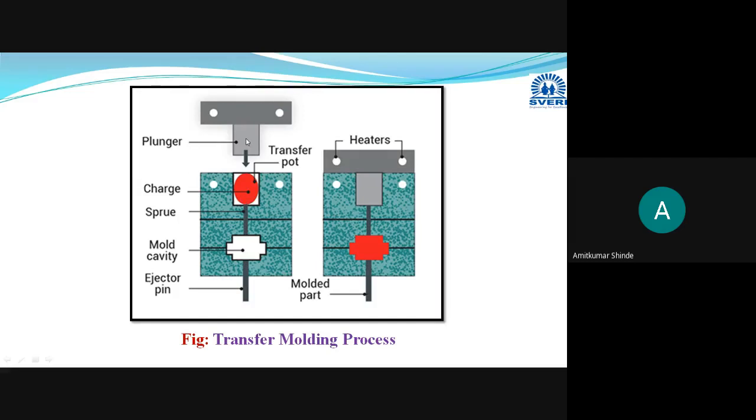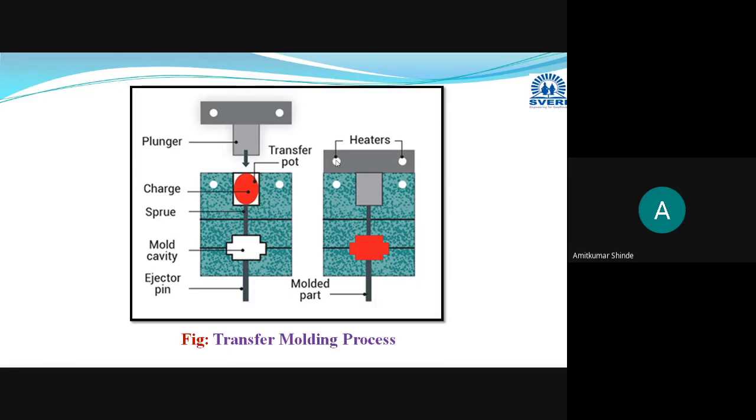In the second stage, we are applying the pressure with the help of this press or plunger. The mold is closed, and simultaneously heating is provided. This heating can be done with the help of electric cartridges, or you can use oil or steam also.